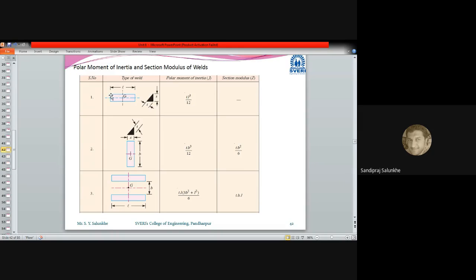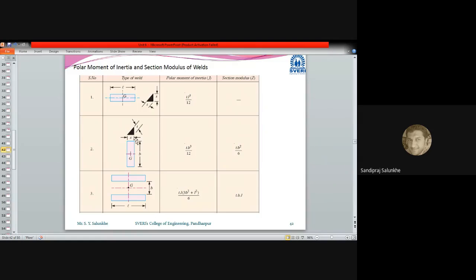B is the thickness and L is the D, that is the depth here, and the strength of the weld is calculated in the horizontal position. That's why it is taken as B D cube by 12, that is T into L cube by 12.